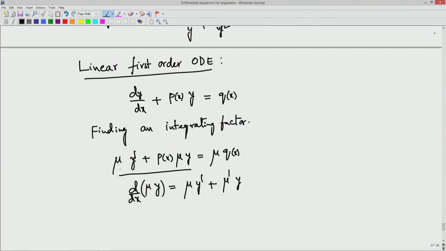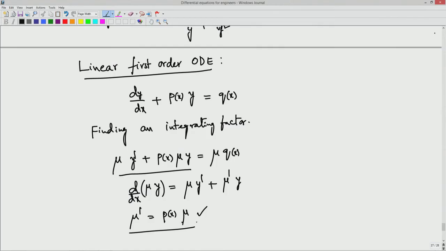I want to write the left hand side as this. The mu y' term is the same, but the mu' y should equal p(x) mu y. So my mu' should be equal to p(x) mu.